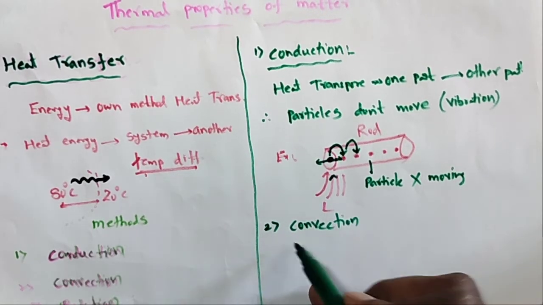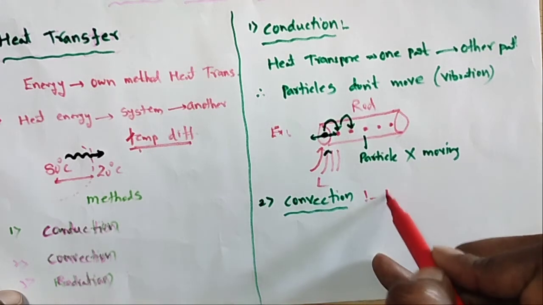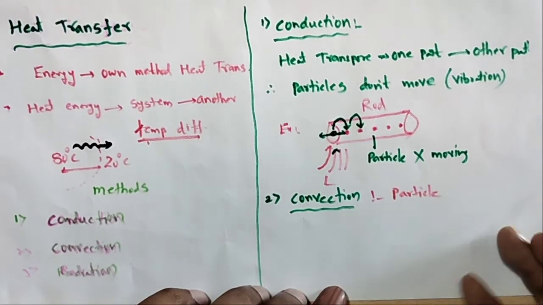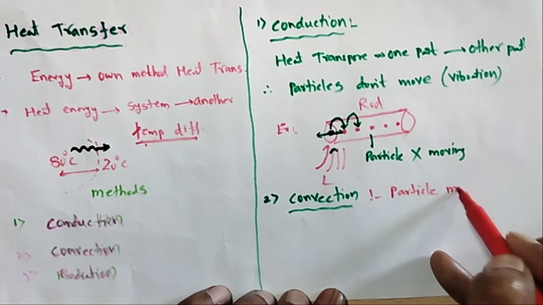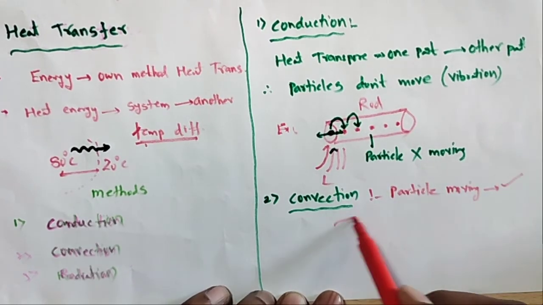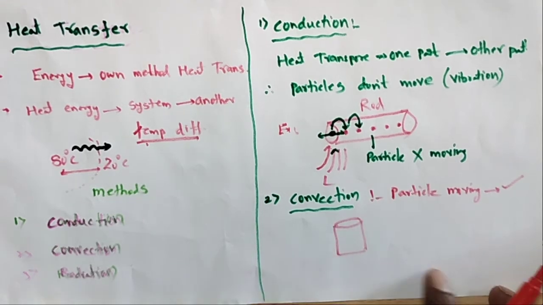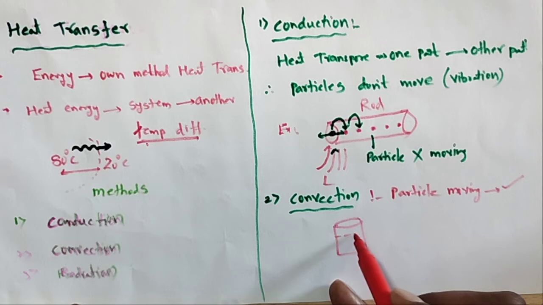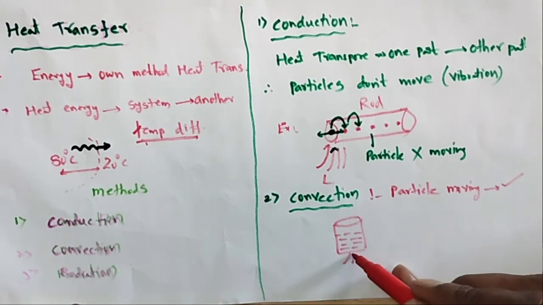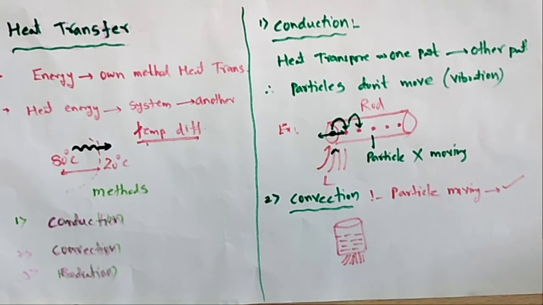And the second one is convection. In convection, the particles move from one place to another place. Let us take a bucket containing some water, placed on a stove with some heat given.